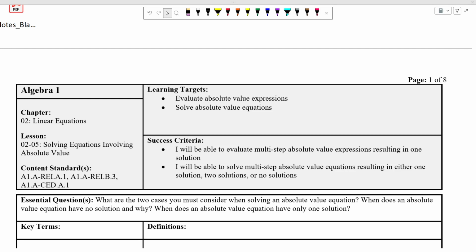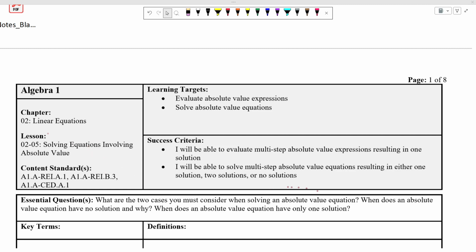So, keep at the forefront of your minds these essential questions as we journey forth together through Algebra 1. In this lesson in particular, ask yourself the following questions, for their answers will be revealed today. On this lesson, what are the two cases you must consider when solving an absolute value equation?